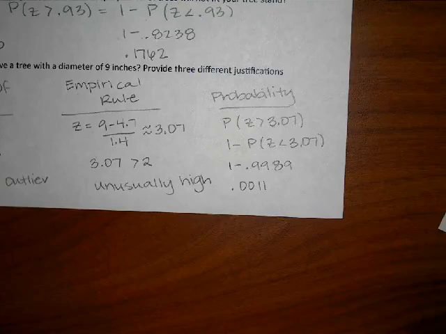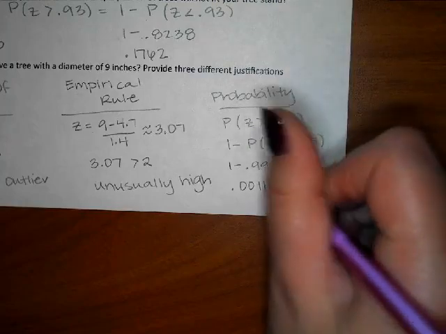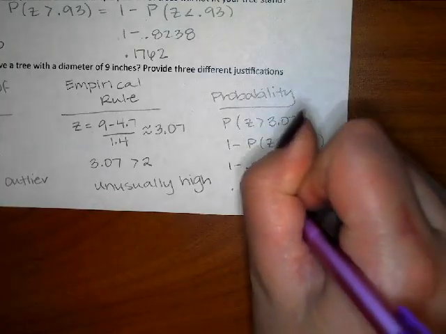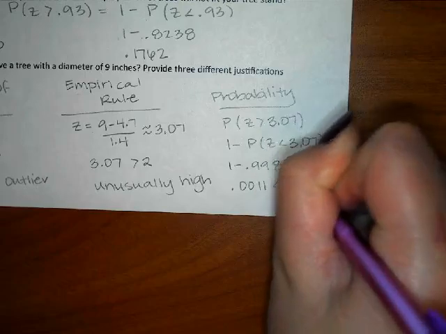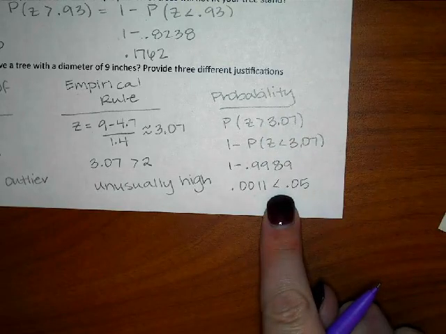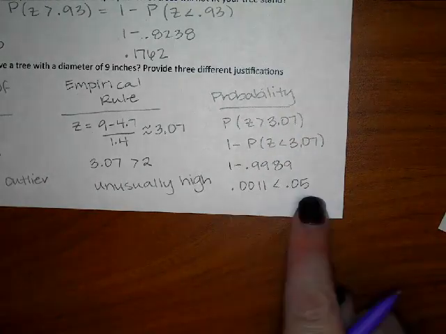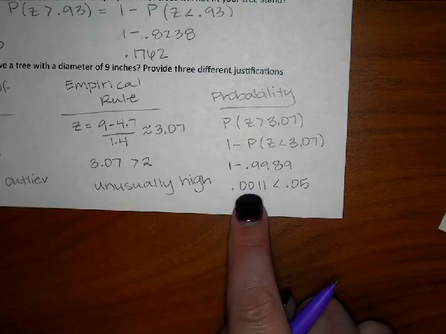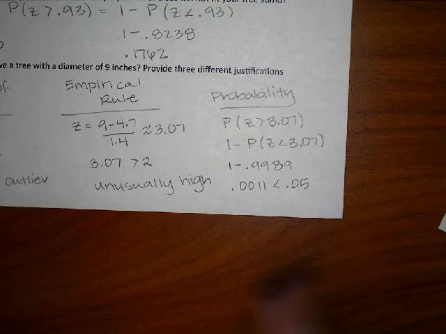So 0.0011 is less than 0.05, and so it meets that criteria, that this probability is even more rare than our threshold, and so we would expect this to be an unusually high number for the diameter of a Douglas fir tree at that Christmas tree farm.